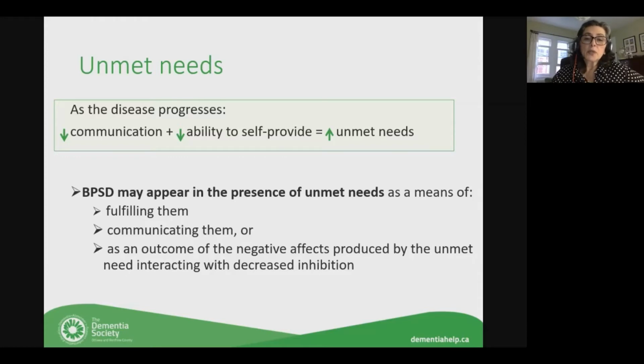There are things that we need, there are things that we need more help with, and we are less able to communicate those unmet needs, and because of that, we experience more unmet needs, and all of that then can create difficult, challenging behaviors. And if you think about that, those behaviors might be the person with dementia trying to fulfill them.